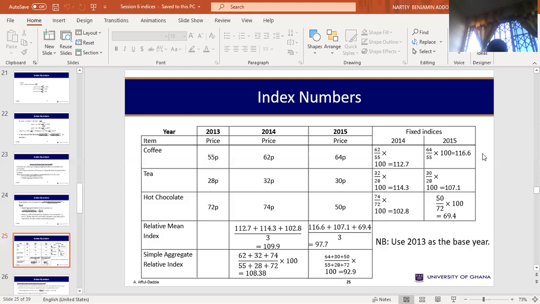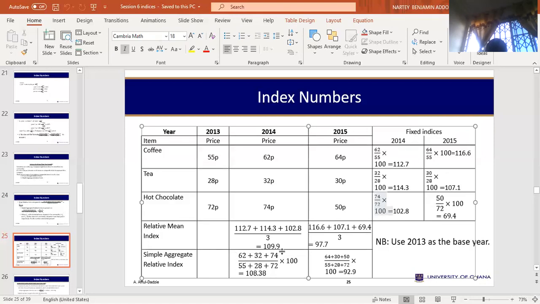But when we want to calculate the mean relative index, then we add all the indices we have computed for 2014, because we want to calculate the mean relative index for 2014. So that will be all the indices we have computed over 3, because there are 3 commodities. And the same applies to 2015. We add all the indices we have computed and divide by 3. The simple aggregate index is also to add all the prices.